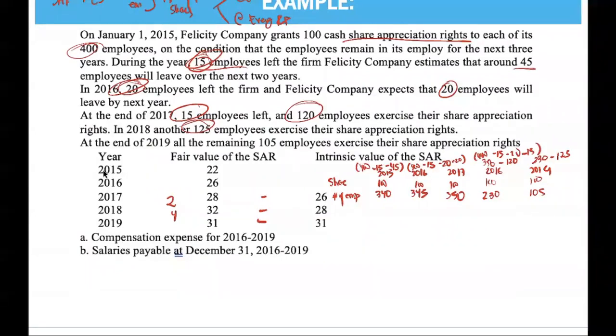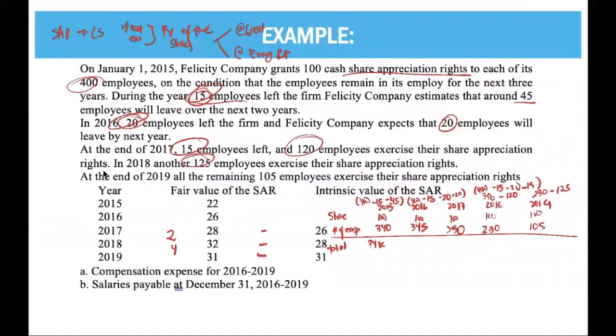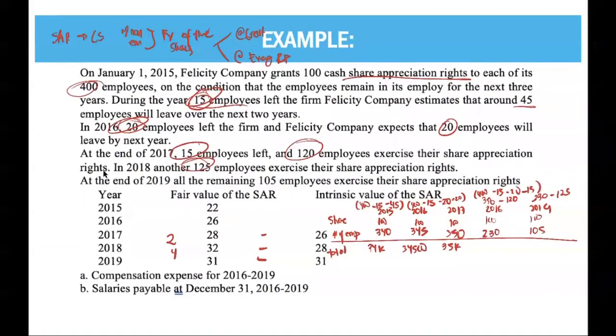So after we compute the number of employees, we get your total number of shares. So 100 times 340, 34,000. This one is 34,500, 35,000, 23,000, 10,500. Multiplied by the amount of your fair value.